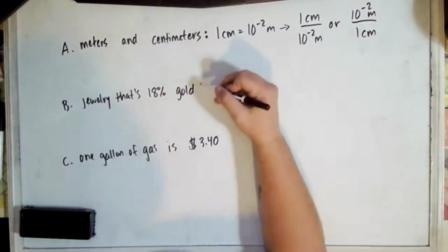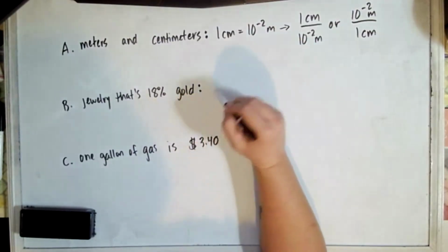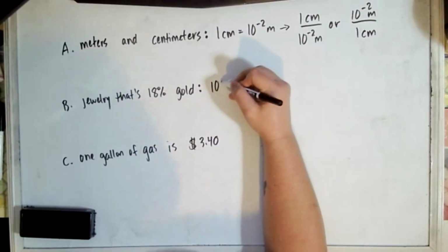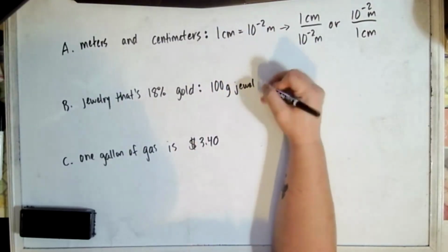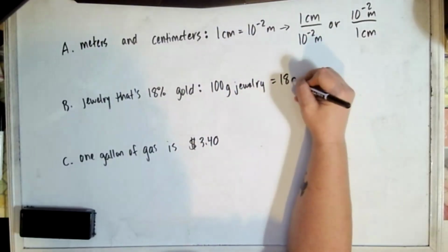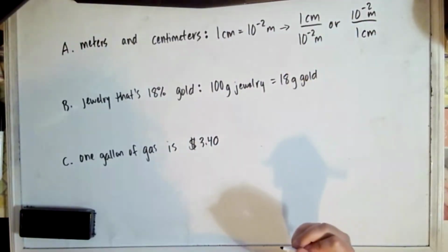Jewelry that's 18% gold. So if it's 18% gold, that means that if you have 100 grams of jewelry total, like say that your total mass for your jewelry is 100 grams, 18 of those grams is going to be gold. All right.